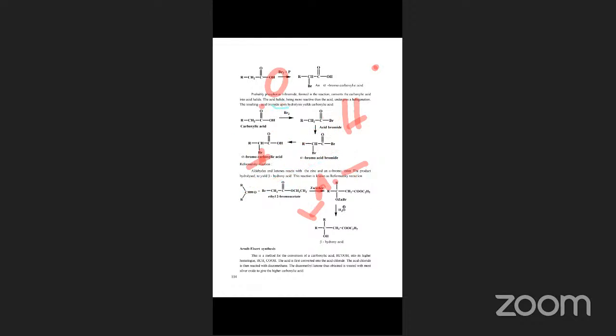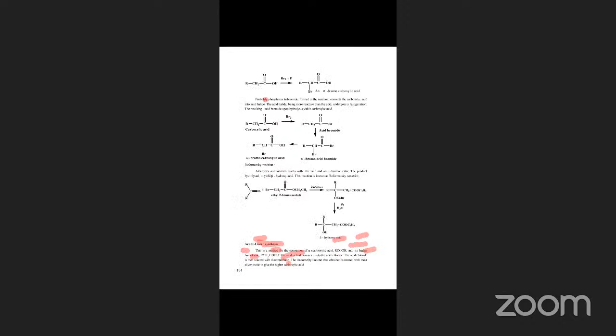The main concept of Arndt-Eistert is that this method is the conversion of carboxylic acid RCOOH into a higher one. From RCOOH, what came? RCH2COOH. That is, a lower carboxylic acid is converted into a higher carboxylic acid. So that is known as the Arndt-Eistert reaction. The acid chloride is then reacted with diazomethane. The diazomethyl ketone obtained is treated with moist silver oxide to give the higher carboxylic acid. Just write the reaction.